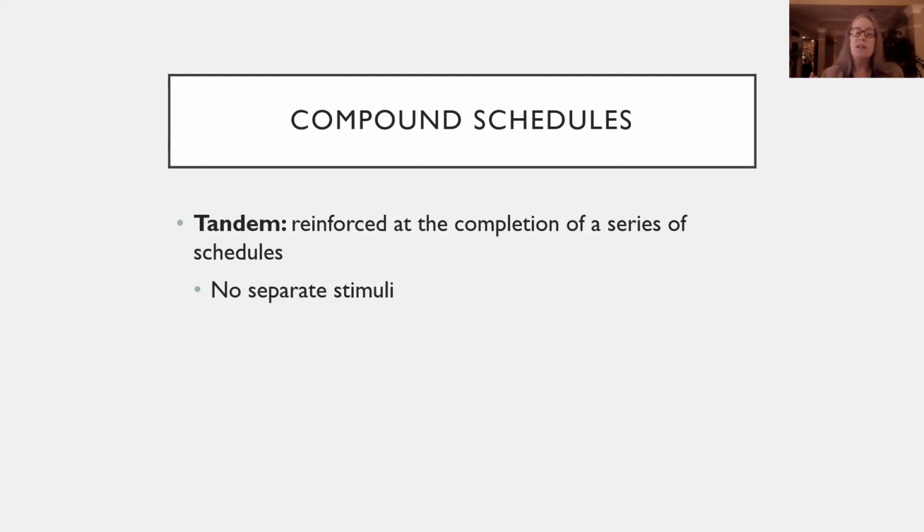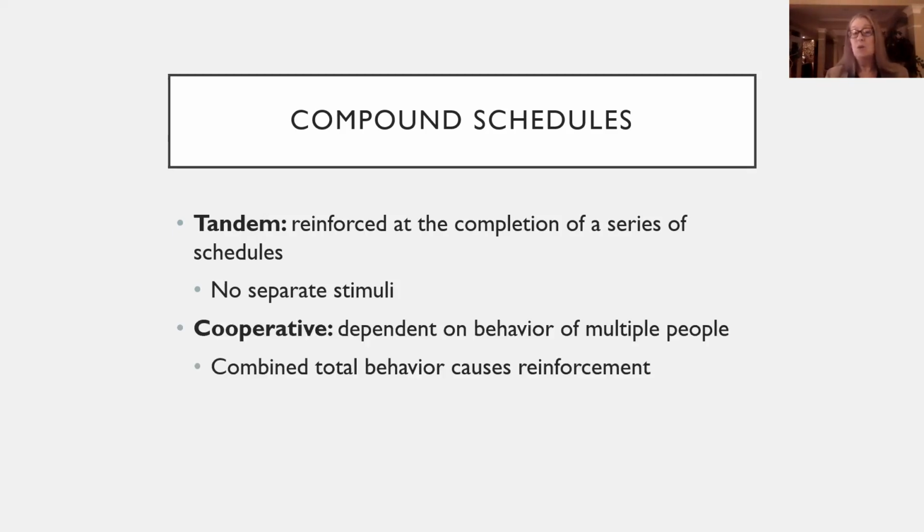Now, all 4 of these that we've talked about are done individually. So they're done on one pigeon or one rat or one human being or one thing. Sometimes you can get these compound schedules where you're doing it with groups. So the cooperative compound schedule says that a group of people or a group of rats or a group of pigeons all have to do a total behavior in order for the reinforcement to occur.